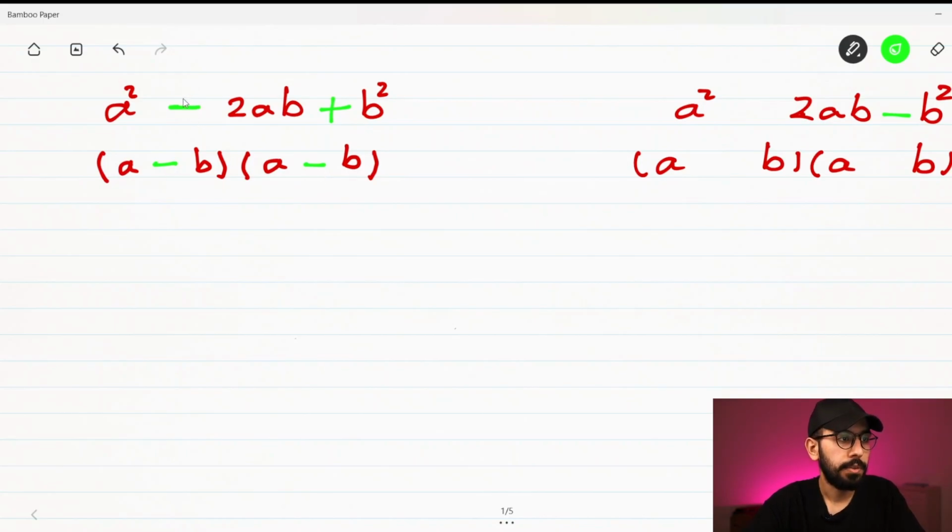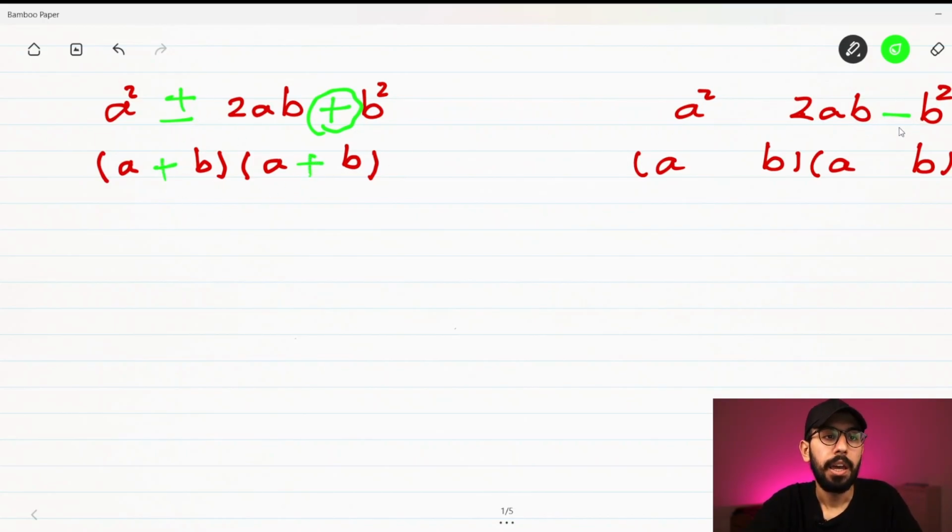But if the second one is positive too, then the two of them will be positive. Now we look at the last sign. If it is positive, that means the two brackets will have the same sign, and it is the sign of the middle term. So if we have minus, we put minus here. If we have positive, we put positive here.